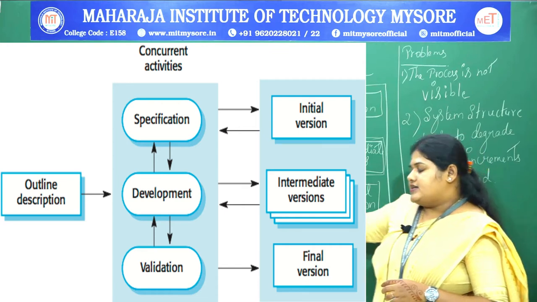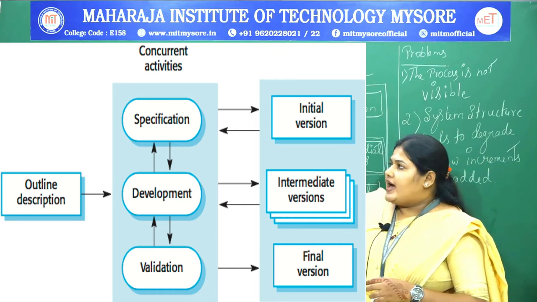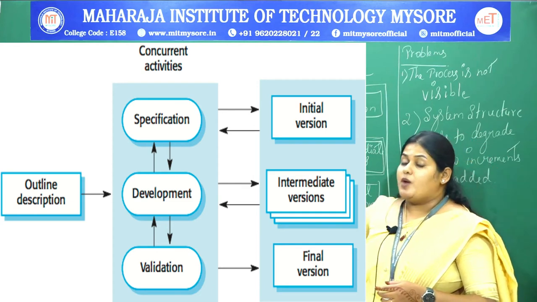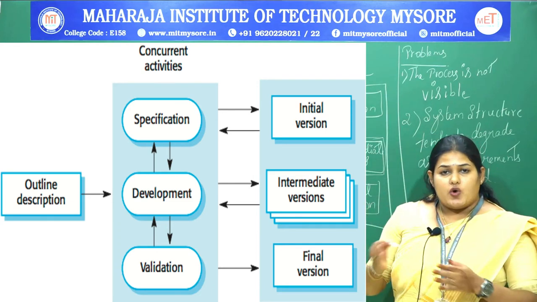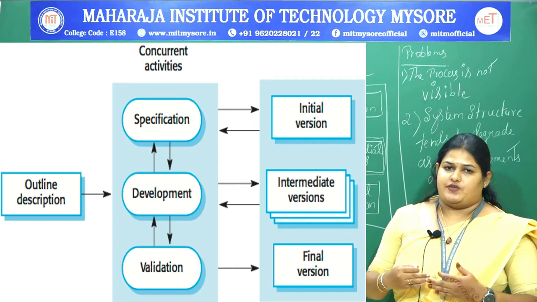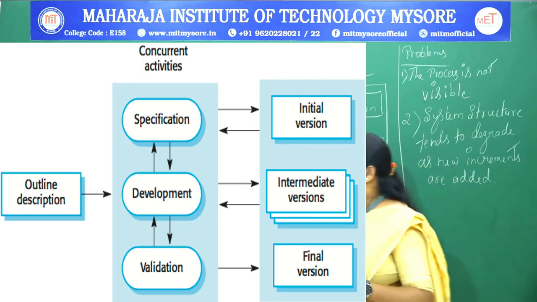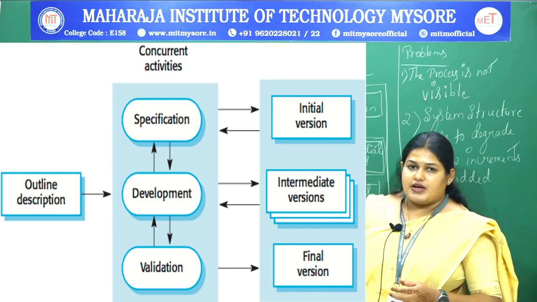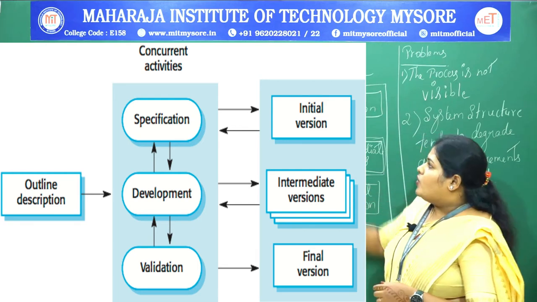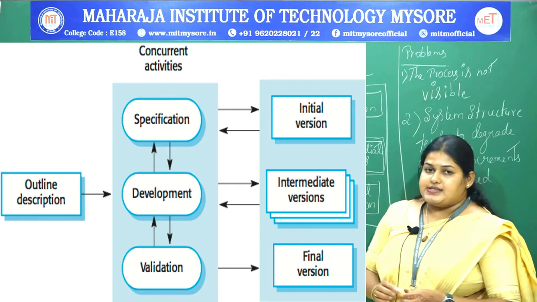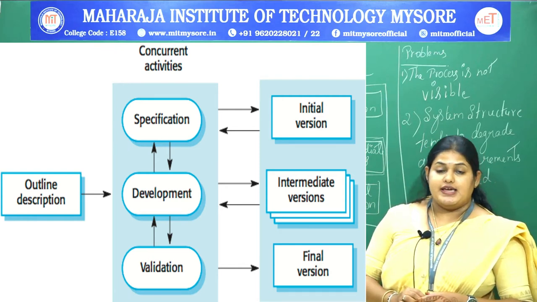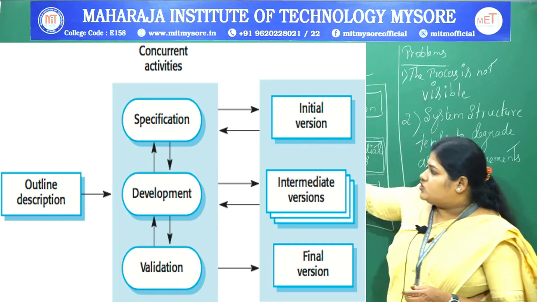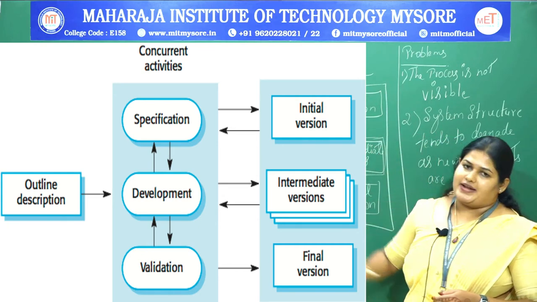Some of the phases we observed in the waterfall model will be repeated here also, but the way we use them is different. So what are the concurrent activities? Basically, what is performed in the incremental model is specification, development and validation.